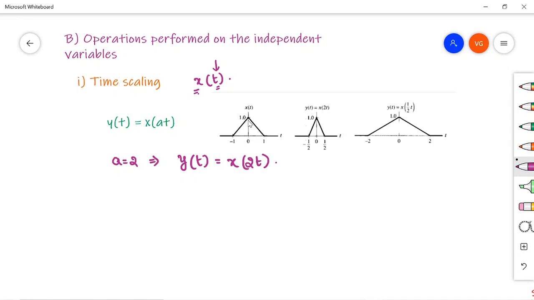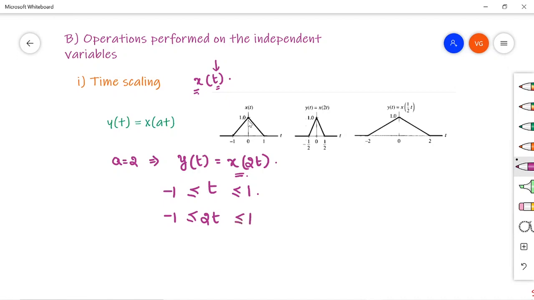Now what happens to the signal, we'll see. In the base signal, t extends from -1 to 1. Right? That is, the t limits are -1 to 1. Now I have to draw x of 2t. I am just scaling the signal, that is, t is now becoming 2t. 2t also has the same scale -1 to 1.